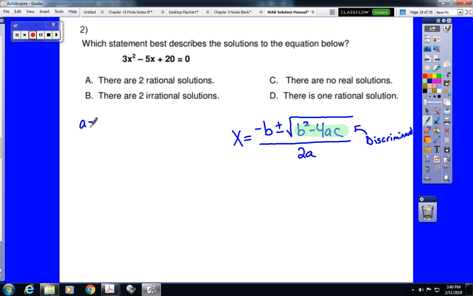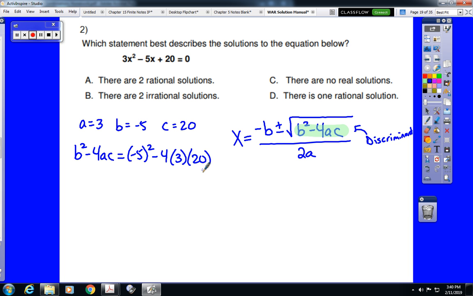So for this equation, a is 3, b is negative 5, c is 20. By finding the value of the discriminant, b squared minus 4ac, we can actually determine how many solutions and what type of solutions we have.